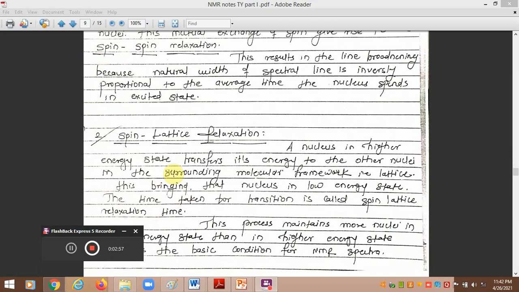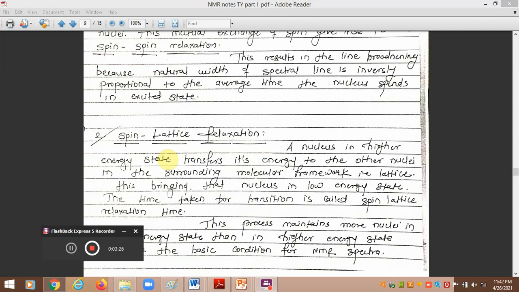The second mechanism by which it transfers its energy to the surroundings is known as spin lattice relaxation. In this, a nucleus in the higher energy state, the excited state nucleus, transfers its energy to the other nuclei in its surrounding framework, its environment, which is also called the lattice, and this is responsible for returning the nucleus to the lower energy state.